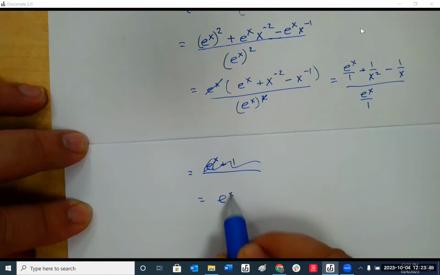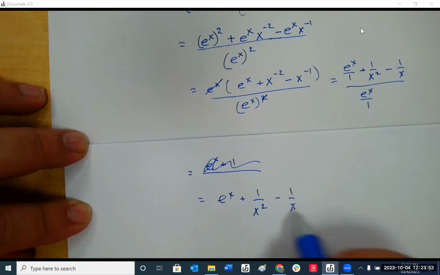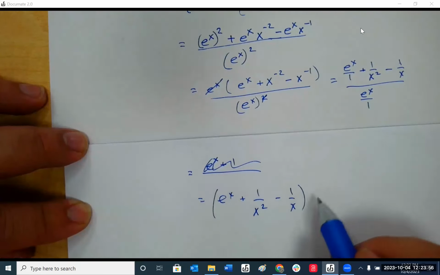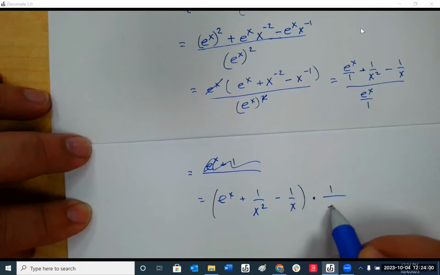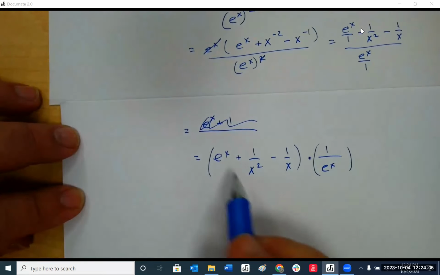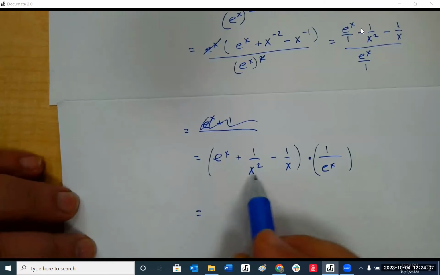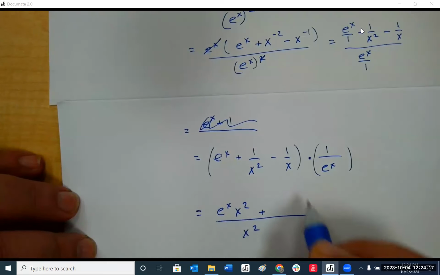Then we have e to the x plus 1 over x squared minus 1 over x, all that divided by, flip the bottom. But I'd need a common denominator up on top, which would be x squared. E to the x, x squared, plus 1 minus x.